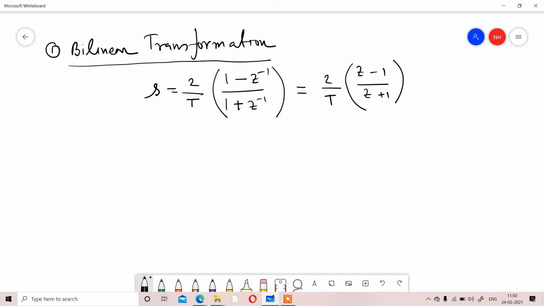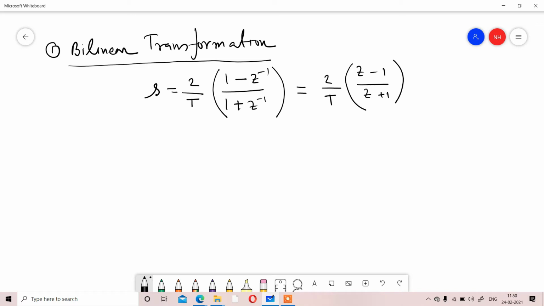And all of you know that if you are able to convert any system into the Z domain, you are getting the discretized value, and getting the discretized value means you are going towards the digital processor.